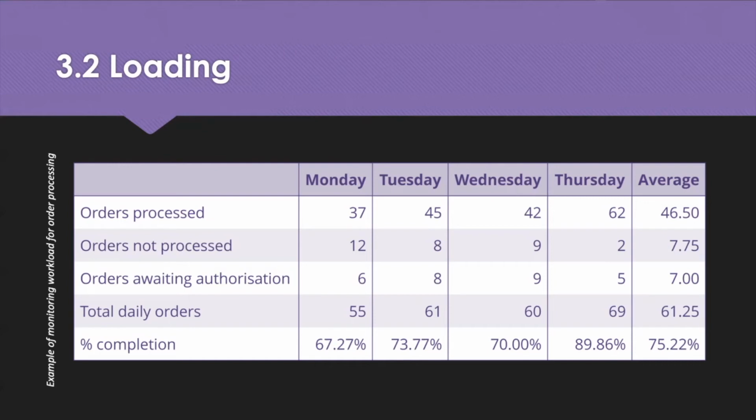But this can result in delays, possible quality problems, and increased pressure from the staff involved. So the factors that affect loading include efficiency, effectiveness, training and experience, and the time available. The range of activities and repeats or the one-offs.